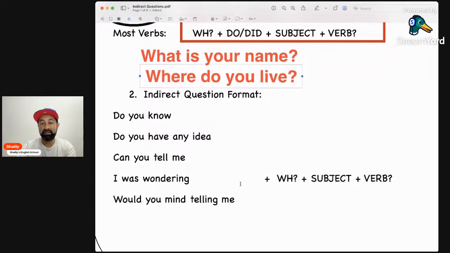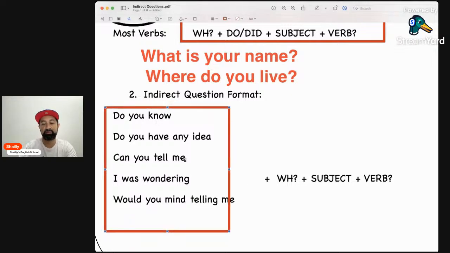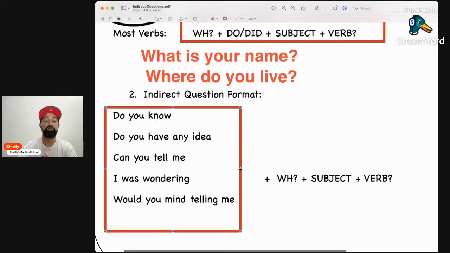With any indirect question, we are going to begin our question with one of these phrases. Do you know? Do you have any idea? Can you tell me? I was wondering.